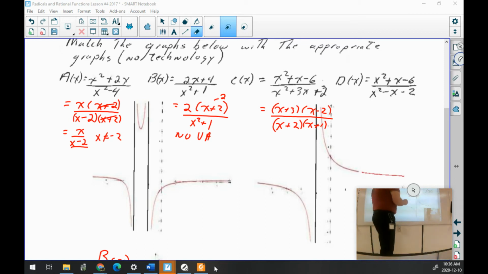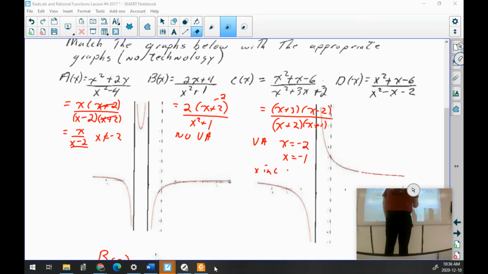So I have vertical asymptotes at x is equal to -2, x is equal to -1. Excuse me. I have x-intercepts at x is equal to -3 and x is equal to +2.